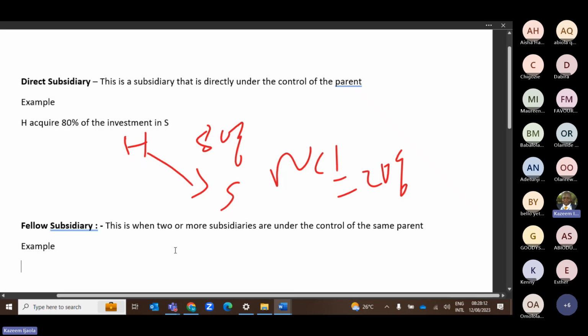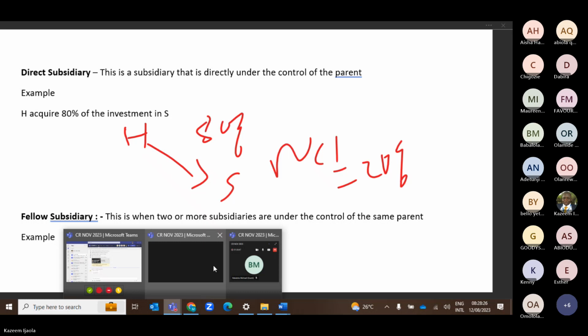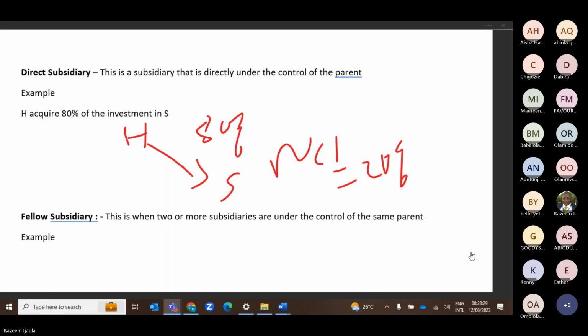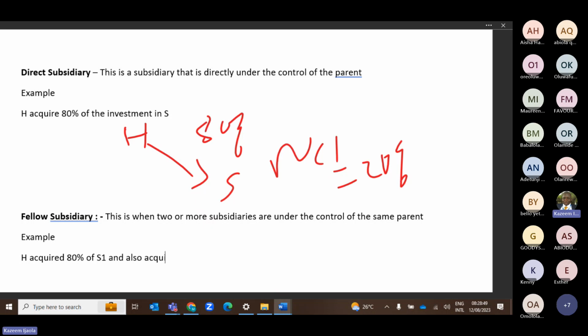All right, so that's fellow subsidiaries. I said when two or more subsidiaries are under the control of the same parent, that is what a fellow subsidiary is all about. An example of fellow subsidiaries is H acquires 80% of X1 and also acquires 70% of S2.